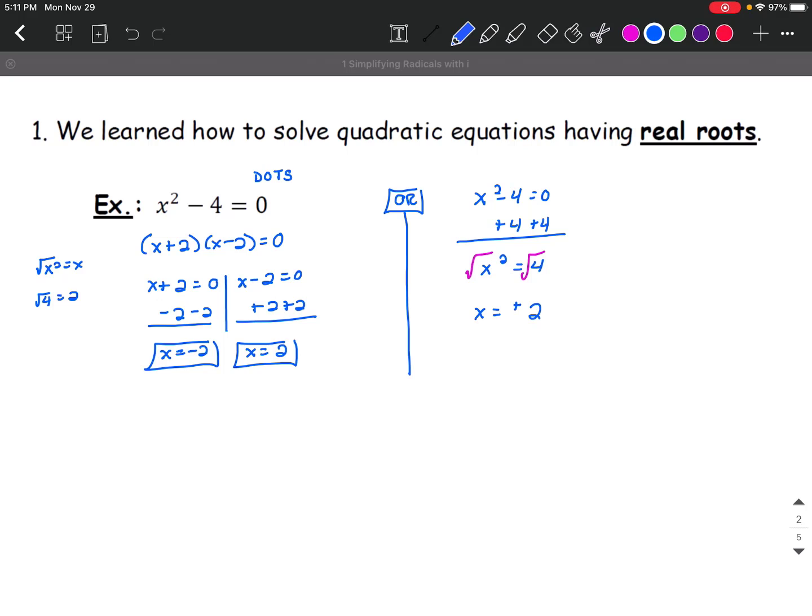It is positive 2 as well as negative 2. So this has the same two answers, x equals 2, x equals negative 2. Okay, we don't usually use that method because we usually forget one of them and only say x equals 2, but it's a valid method.